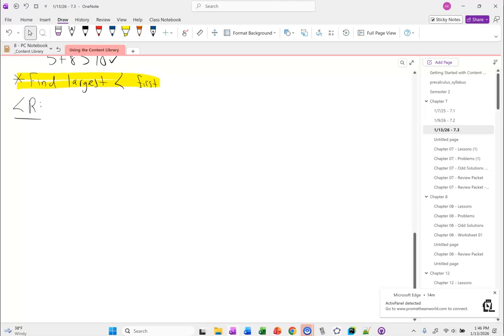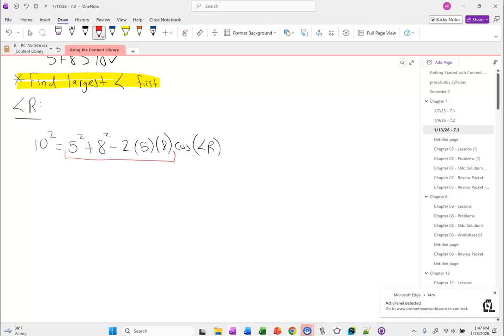So we're going to write our law of cosines. We'll say r squared is equal to p squared plus q squared minus 2pq times cosine of angle R. A place to be careful here when trying to solve for angle R: a common algebra mistake I see students make is they type all of those numbers together into their calculator and make that the coefficient on cosine R. What's the problem with that?